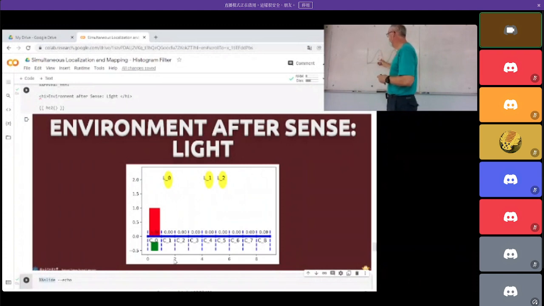So if I'm very sure about my position, and I don't trust my sensors very much, I'm not going to move very far. If I trust the sensor very much and not so much my position, then I'm going to move much further towards the sensor reading.